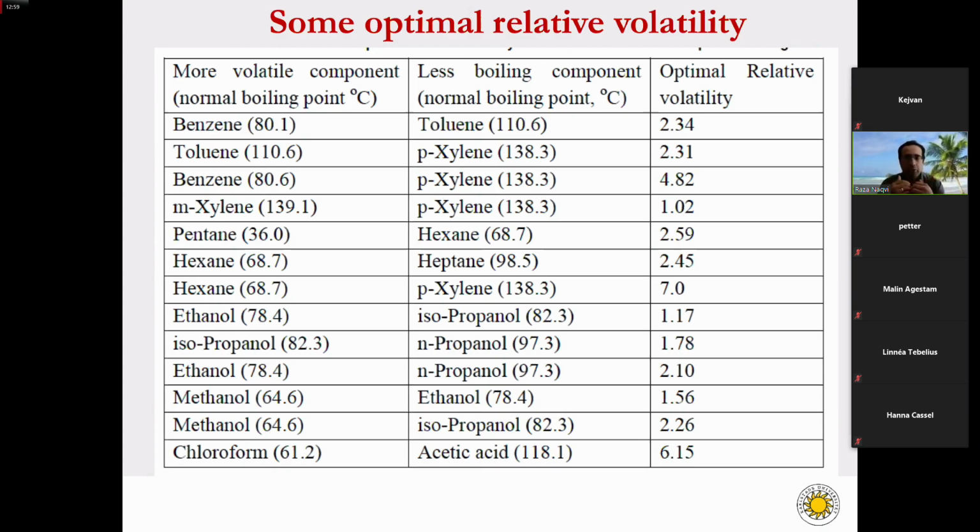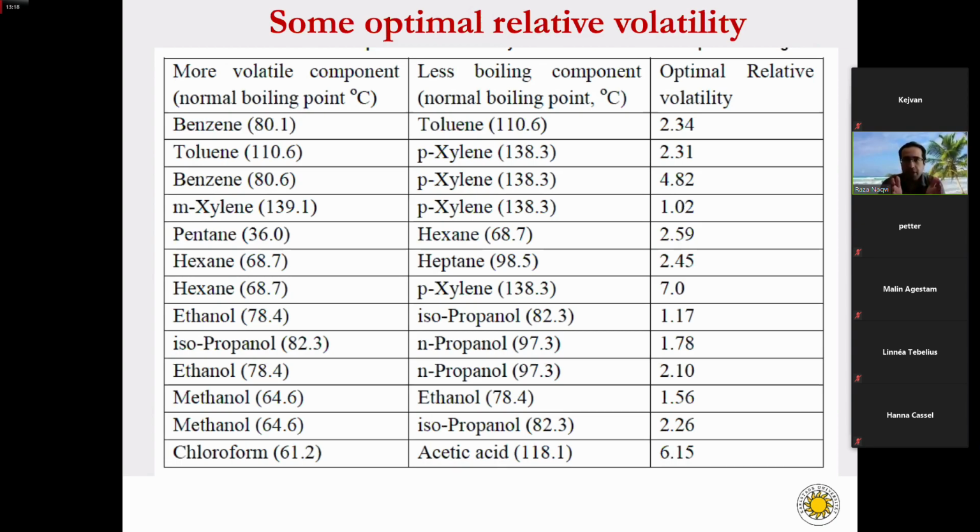Then we might need to use different types of distillation, like distillation in vacuum, or we can add one component into the distillation so that it can increase or decrease the boiling point of one of the components in order to increase the volatility difference, right?